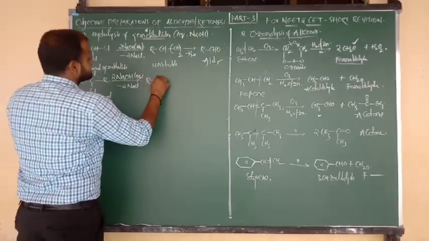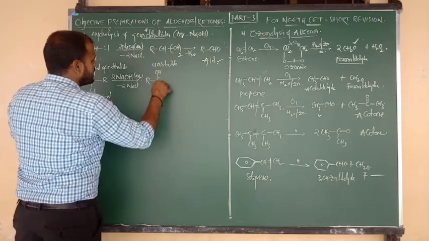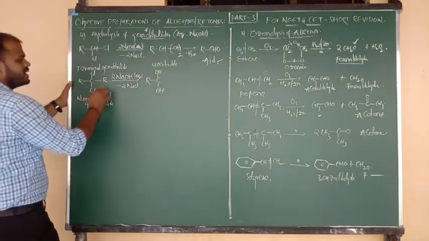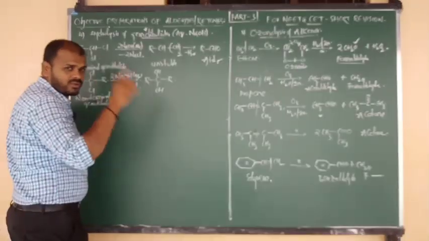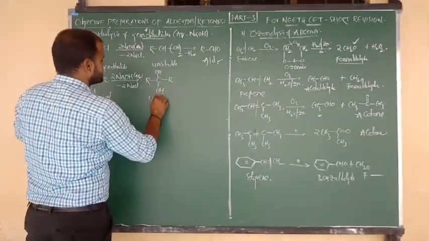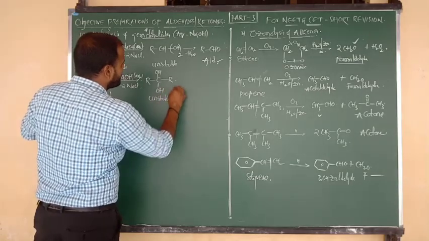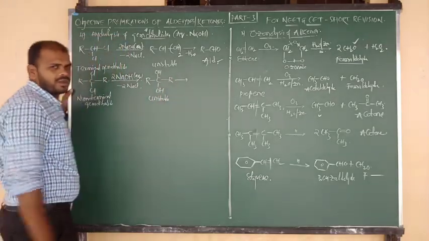So what will be the unstable form? R bonded to C, with OH above the plane and OH below the plane, and the right side group is R. Again 2 OH are present on the same carbon, so this is also an unstable intermediate form. Here elimination of a water molecule takes place.